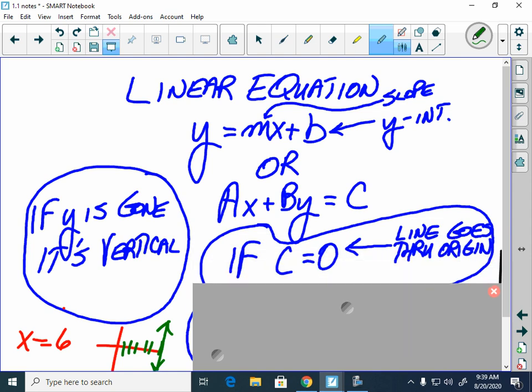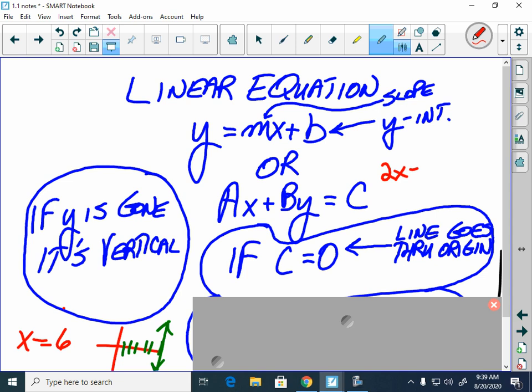What is this? If c equals 0, it goes to the origin. I better graph that too. So what does that mean? If it was like 2x plus 3y equals 0, the line would look like this.